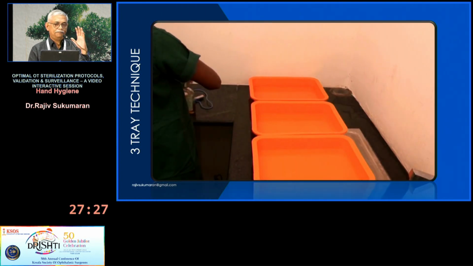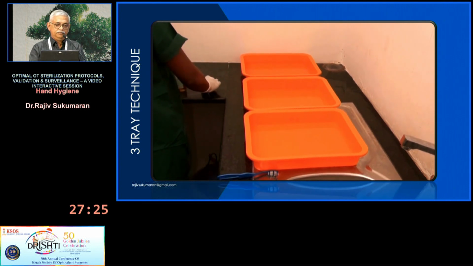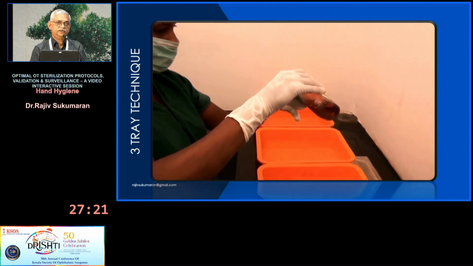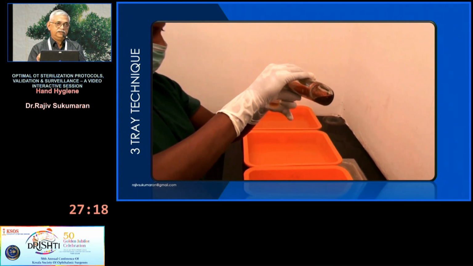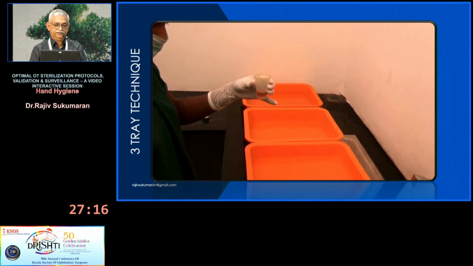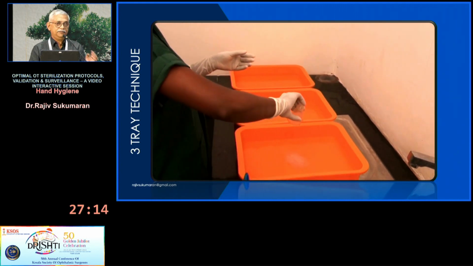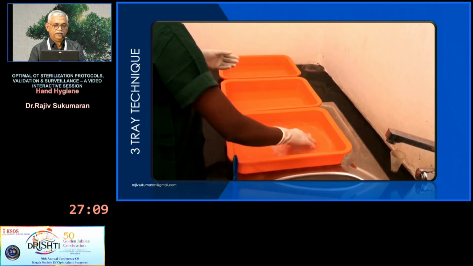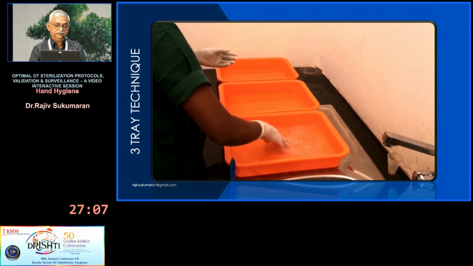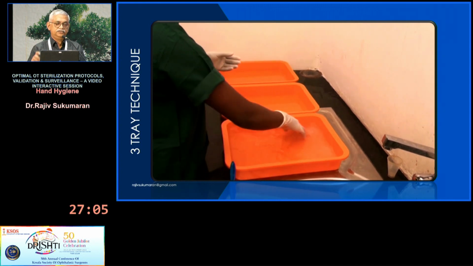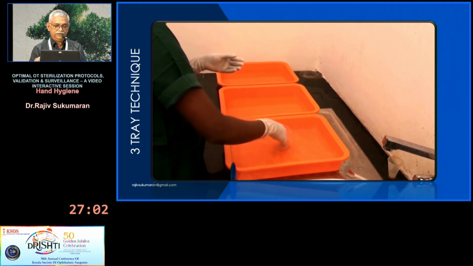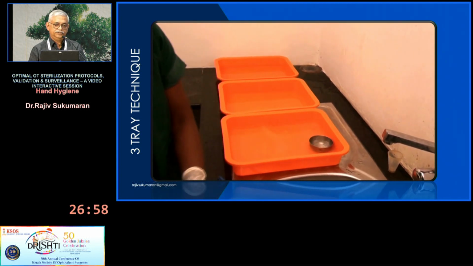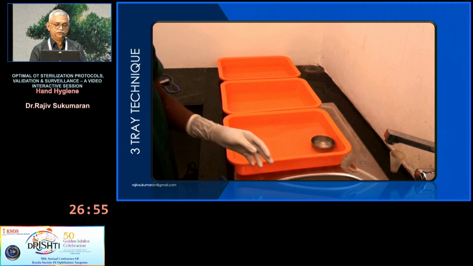You have distilled water or RO water in 3 trays, and in the first tray you can add a mild disinfectant. It's commercially available as InstruClean from Oral Lab. Just add that, soak the instrument in the first tray with the disinfectant and clean it within the solution, and don't do it outside, I'll show you now.